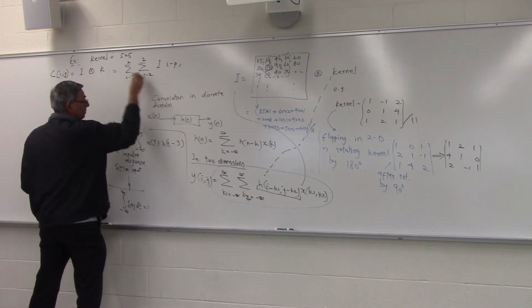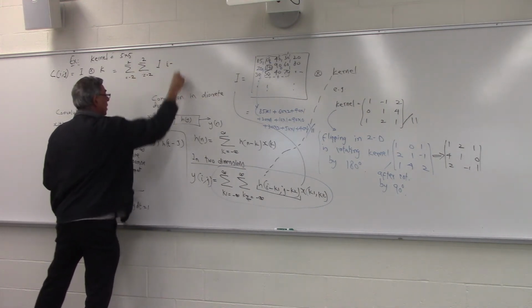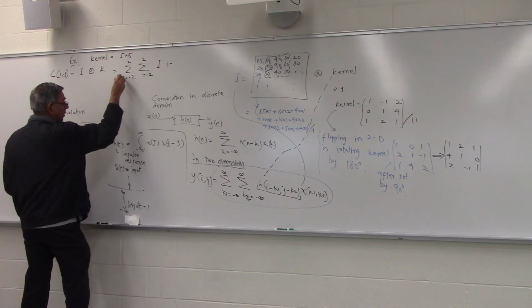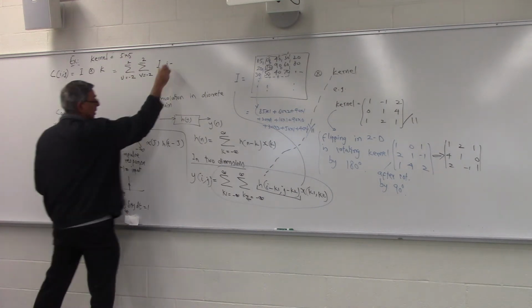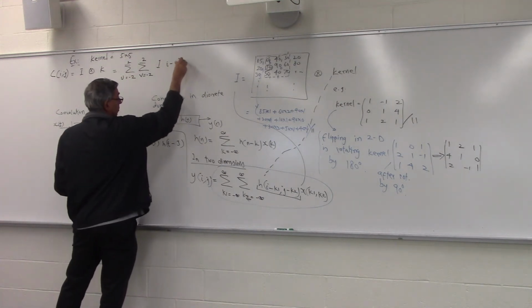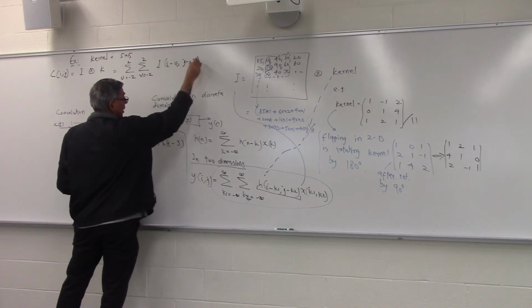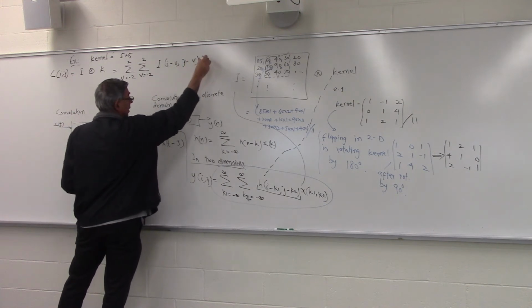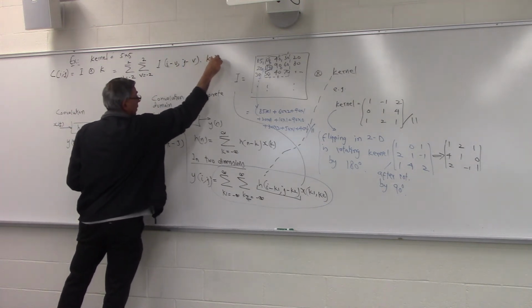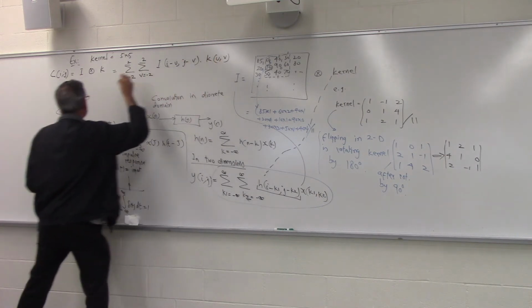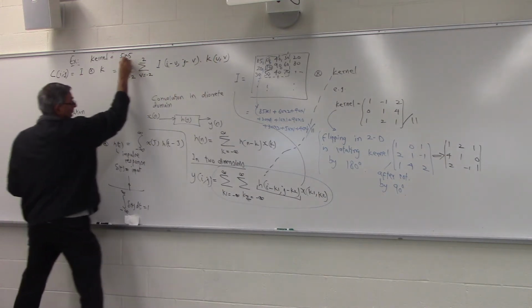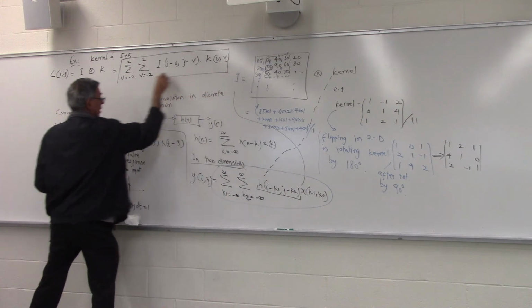Let me pick different symbols over here. Suppose I call them u and v. So this will become I of i minus u, j minus v, times kernel of uv. So this is important for us to recognize.